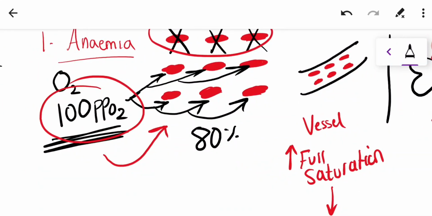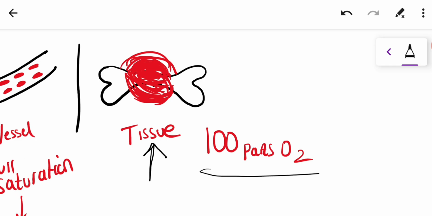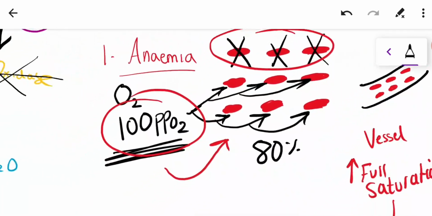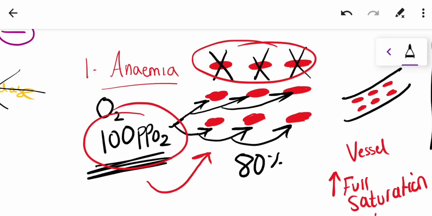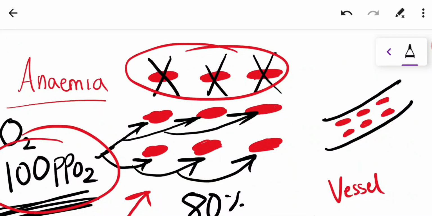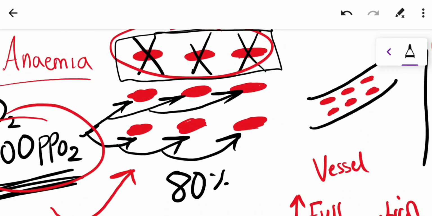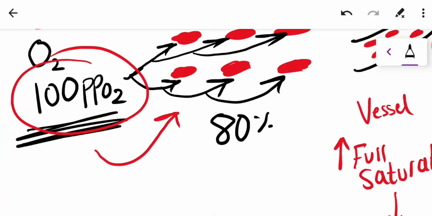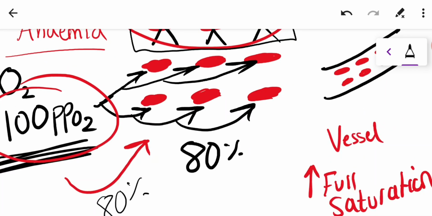Say this tissue requires 100 parts of oxygen, and I'm giving you 100 parts. But now you come to me and say, oh, sorry, I don't have all the cars, I don't have all the trucks needed. I only have this amount, 75% or 80%. I'm going to give you 80% worth of oxygen to give to your 80% worth of blood cells.